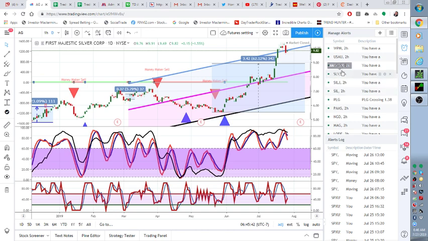And what I've done here, and I'll show you guys how to set one of these up, is you can set alerts on pretty much anything that's on this sheet here. We've created a piece of code that we've embedded as an indicator in TradingView.